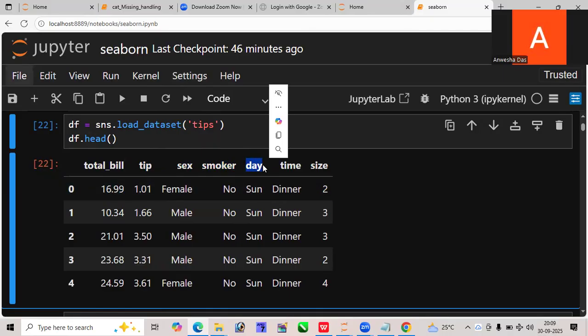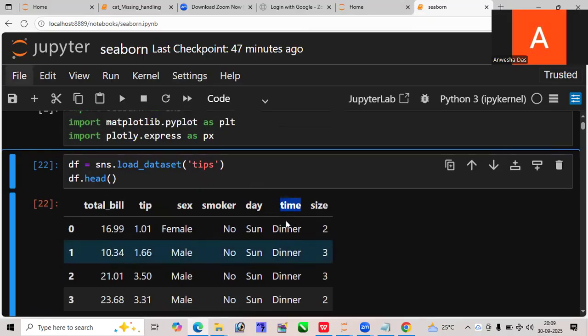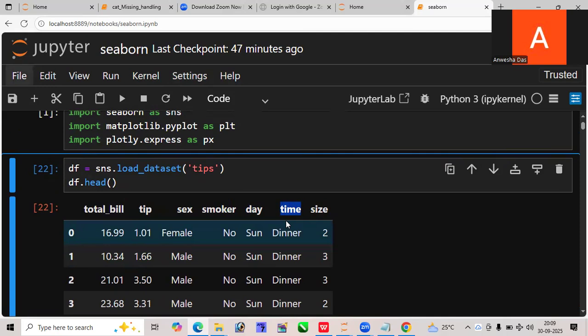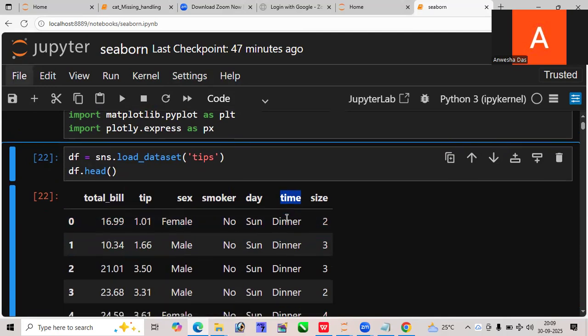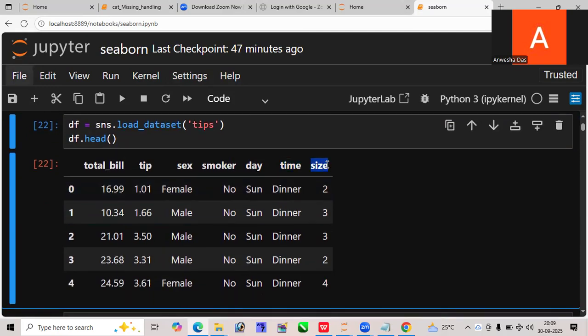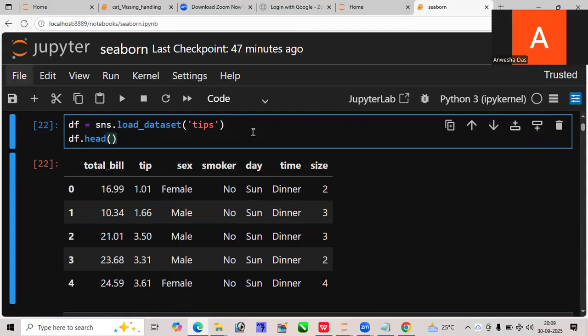Day, which day, Sunday, Monday, Tuesday, is also there, and time, whether it is dinner time, breakfast time, or lunch time, is also there. And size means how many people went. Two means they went with two people. Three means they went with three people. So simply I loaded the dataset from the Seaborn library.